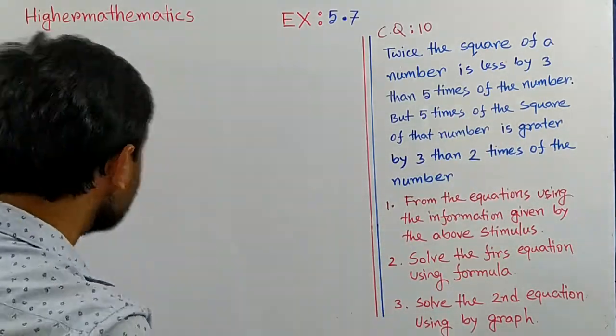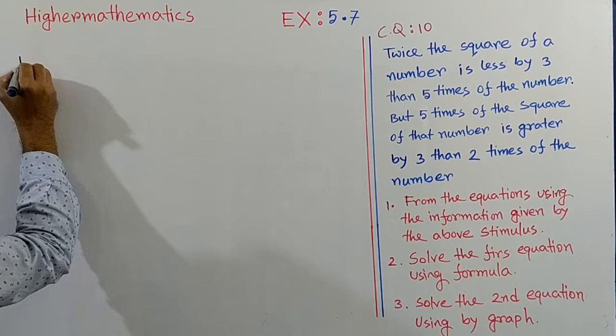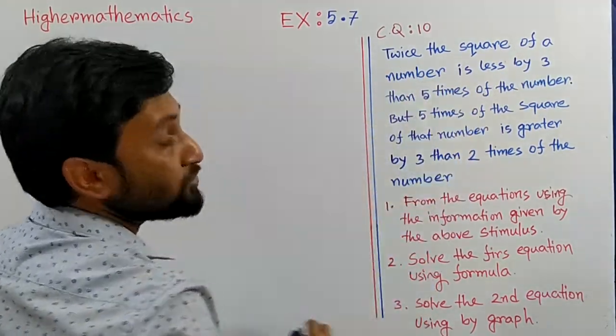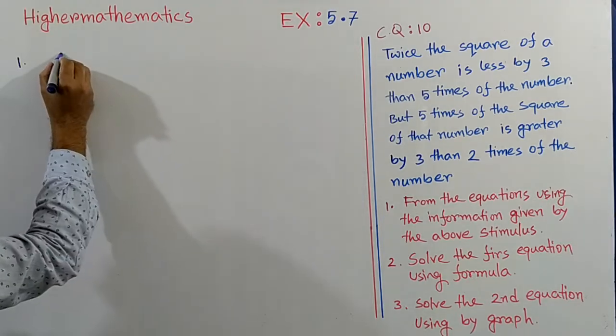Okay, now first one, let's see. The question says twice the square of the number. So at first, let the number be x.